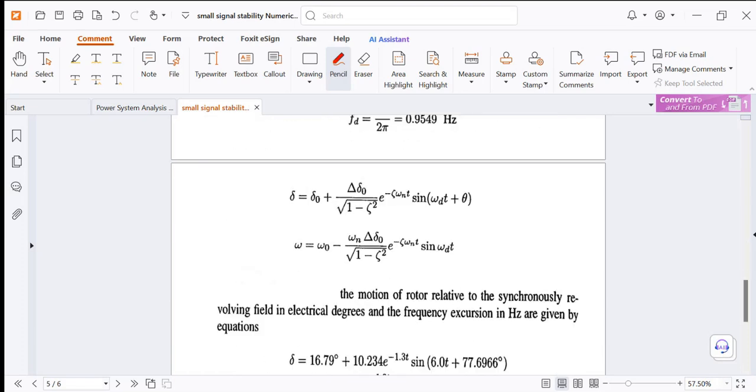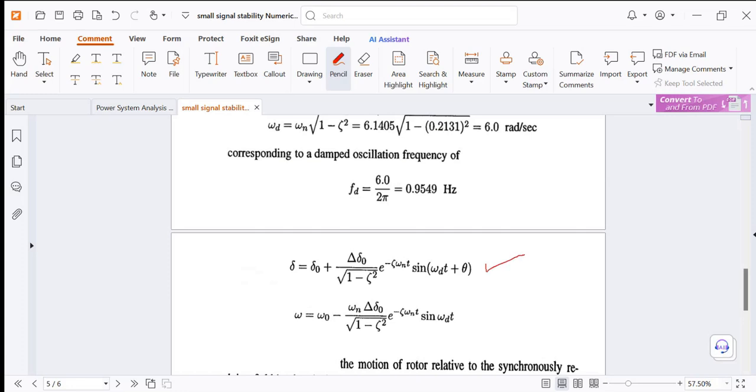One is this equation, delta equal to delta naught, the initial angle, plus the change in angle, and the disturbance depends on the damping ratio and the damping frequency of the system. By incorporating all these parameters, we will get the exact value of delta.